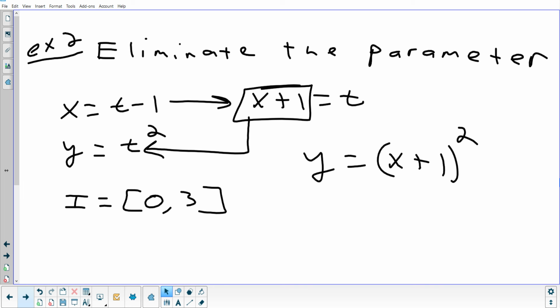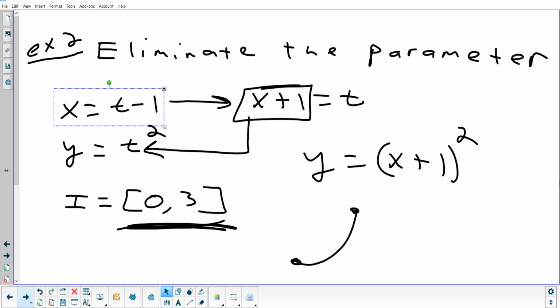But the original graph was not an entire parabola. It was restricted. So instead of your graph looking like this, your graph might just be that, from 0 to 3. We need to figure out what the restriction is on x. This is the restriction on t. So plug these numbers in and find the restriction on x.